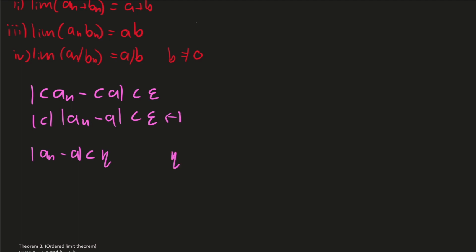And then if I choose eta to be equal to epsilon over the magnitude of C, then we can say, because A of n converges, then |A of n minus A| must be less than epsilon over the magnitude of C, multiplying across, and we get the absolute value of C times |A of n minus A| is less than epsilon, which is this guy up here that we wanted to prove.